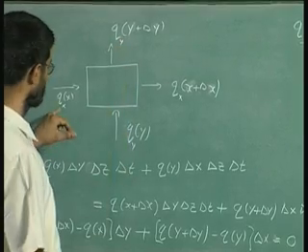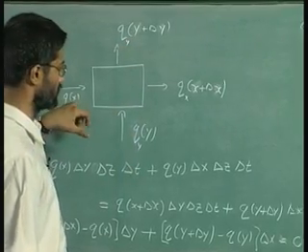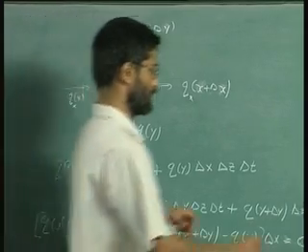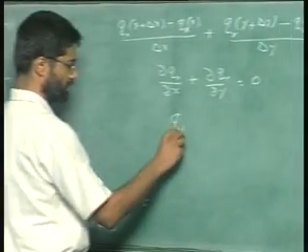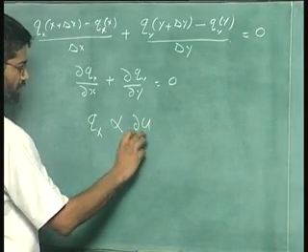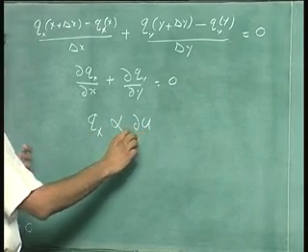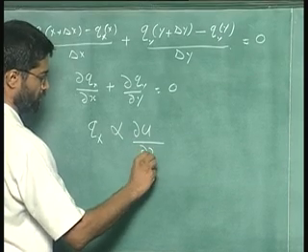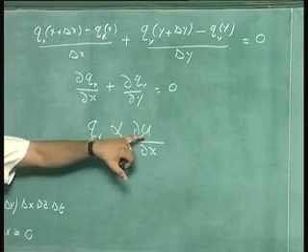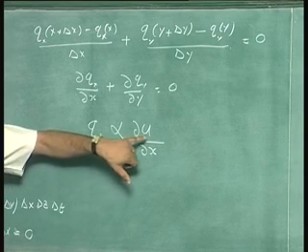The fluxes are related to the temperature gradient through Fourier's law, which tells us that qx, the flux in the x direction, is proportional to the gradient in temperature in the x direction. We call u the temperature here, so we use u for temperature to distinguish it from t, which is time.